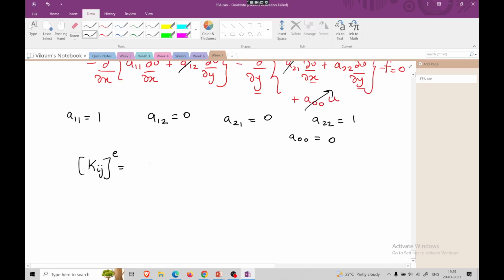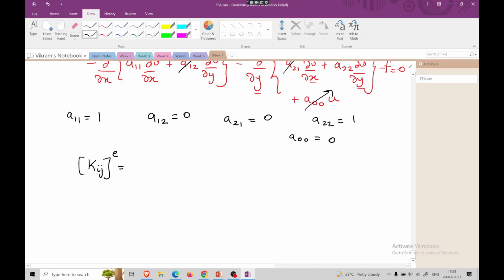So what is Sij11? Do you remember? It is the integral over the element of dou psi I by dou x into dou psi j by dou x dx dy, right? So what is Sij for 22?